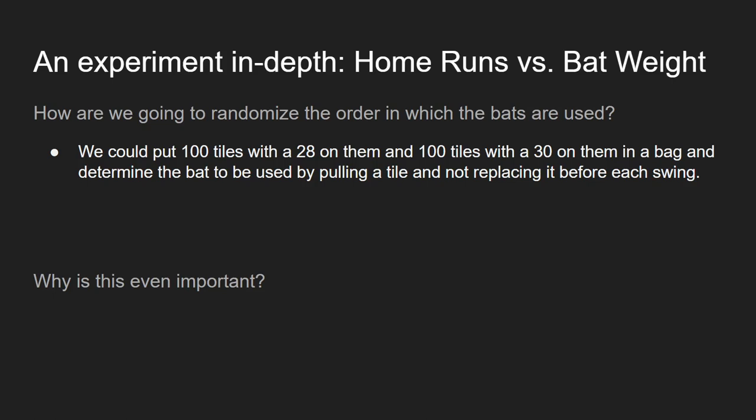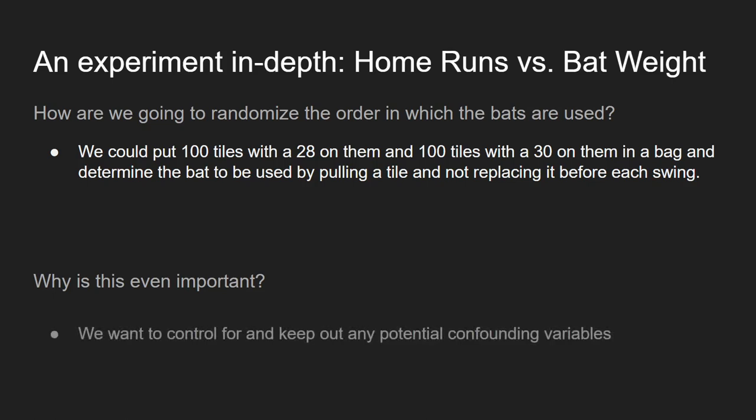Okay, and so this is important because we don't want to have anything that could impact our variable that's not the thing that we're testing. All right, we don't want any confounding variables to show up. For example, say we had her hit with the 30-ounce bat 100 times, and then we had her hit with the 28-ounce bat.